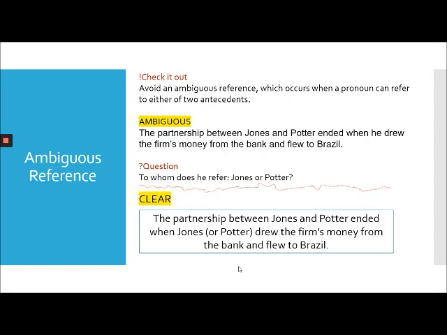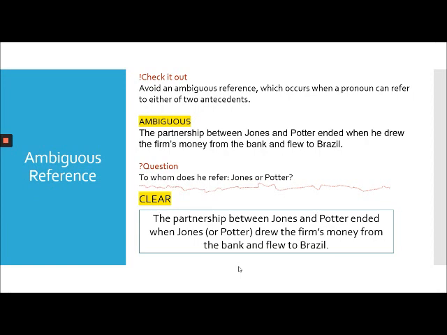As you can see, we repeated the names Jones and Potter. In this case, we have to avoid an ambiguous reference. Therefore, we have to make it clear whether the he is for Jones or for Potter.